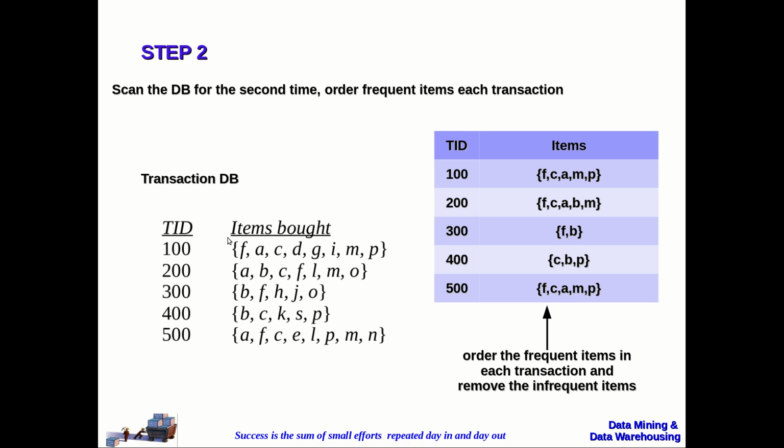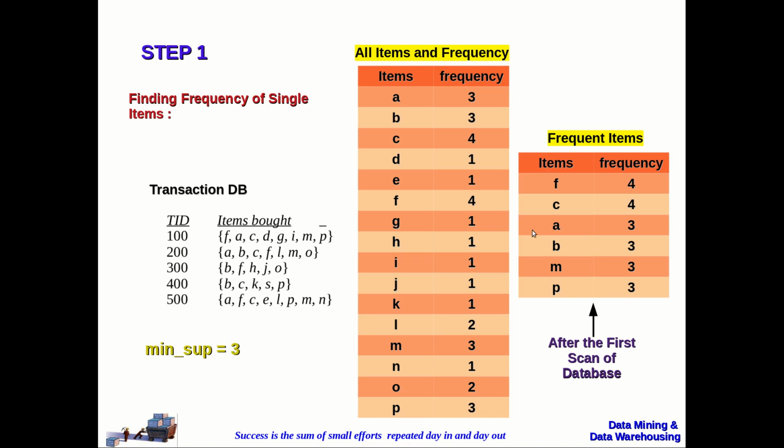Observe the first transaction and how it is reordered depending on the frequency of each item. F is a frequent item, A is frequent, C is frequent. F, C, A, B, M, P are the frequent items.